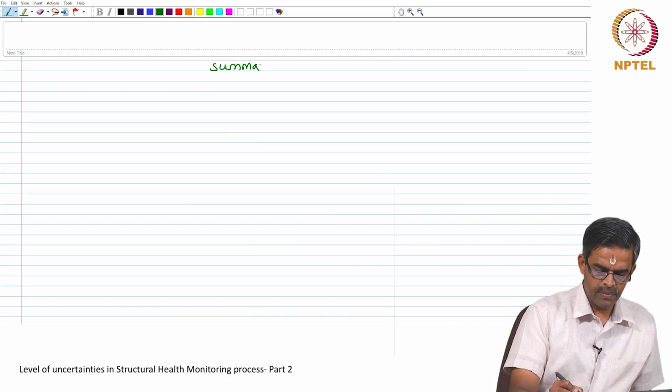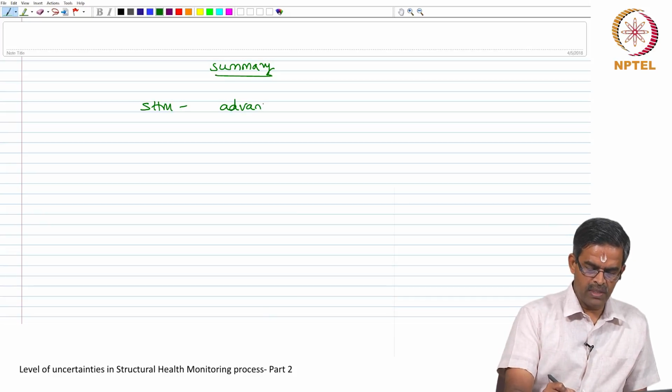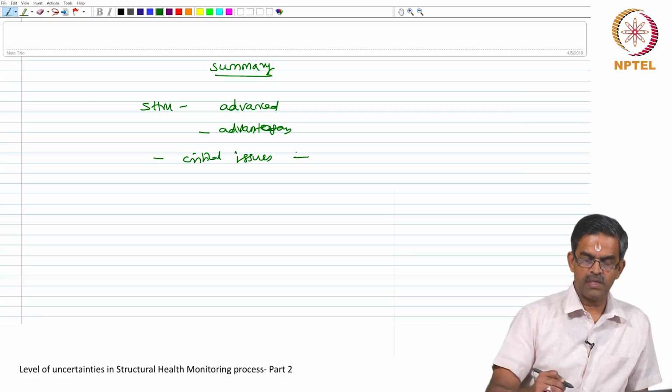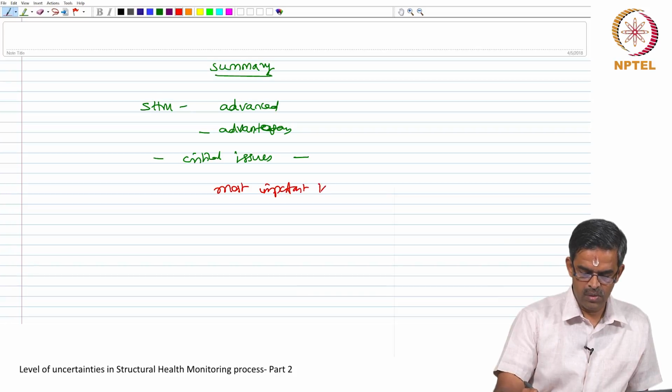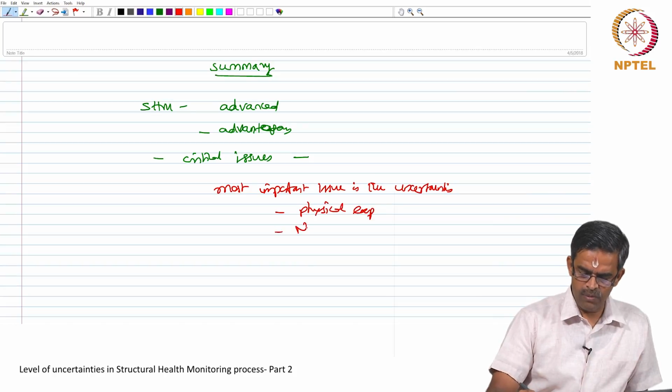So, friends, structural health monitoring process is advanced, is advantageous, but has a few critical issues which we discussed in previous lectures. One of the most important critical issues is the uncertainties. They may arise even from physical experiments, even from numerical simulation.